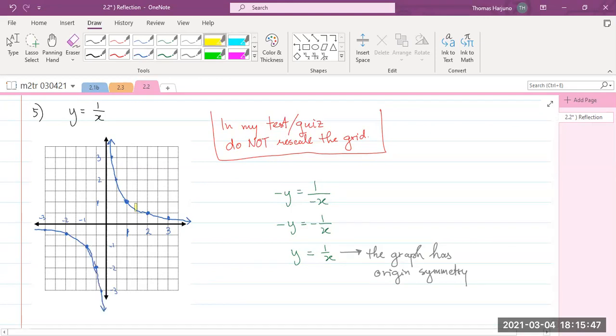Basically, this point correlates to this. These points correlate to this, right? Reflected. And then these points reflected to that one, this point reflected to this one.